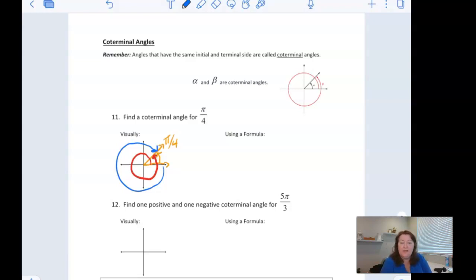So if I'm dealing in fourths in radians, and I know that a full circle is 2 pi radians, then all I have to do is take the original angle and add or subtract 2 pi radians. 2 pi, why am I putting that over a fraction? 2 pi radians.